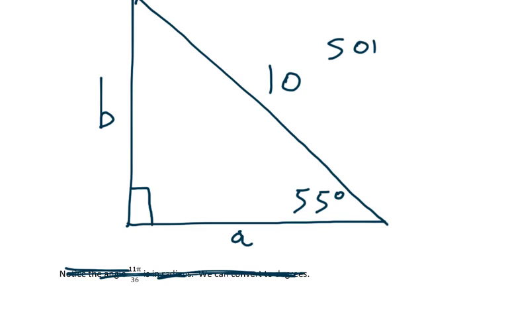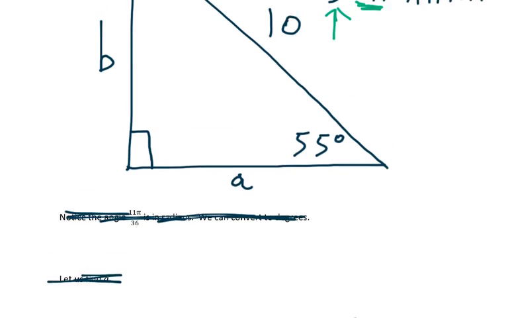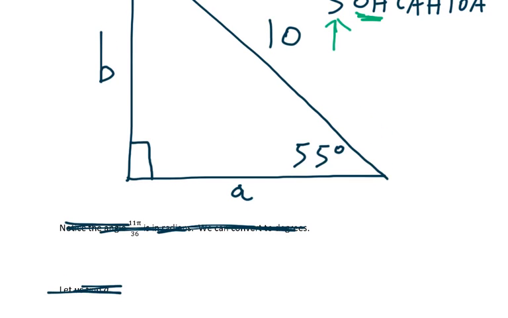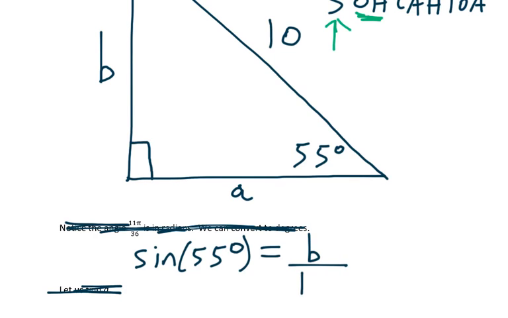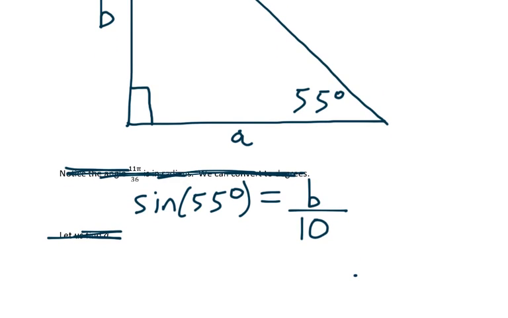If we go to SOHCAHTOA, right, like so, we have opposite and hypotenuse. So we're going to use sine. So that's what we're going to use here. So sine of 55 degrees, right? That's opposite, which is b, divided by hypotenuse. Hypotenuse is 10.